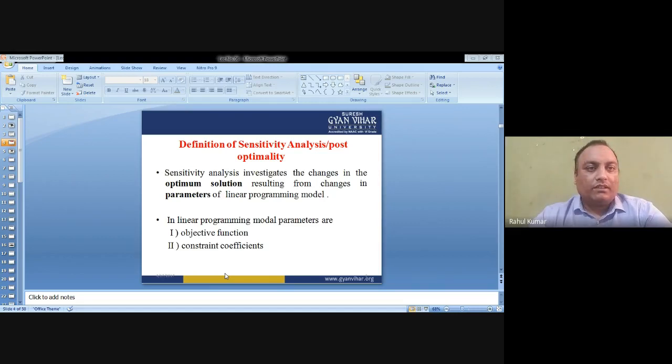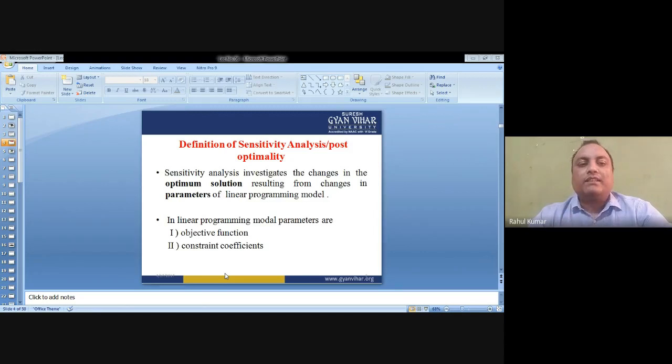So sensitivity analysis investigates the changes in the optimal solution of the problem related to the linear programming method, and this results from changes in the parameters of the linear programming model.